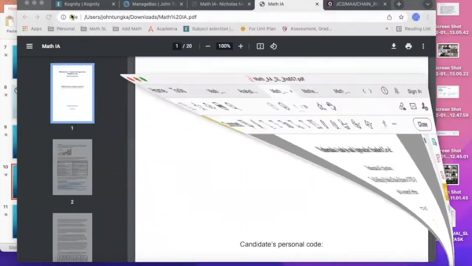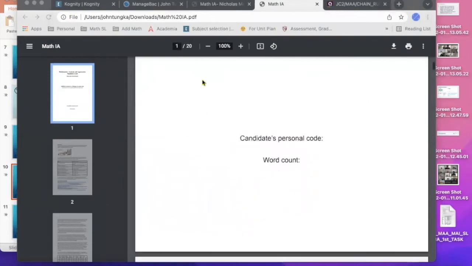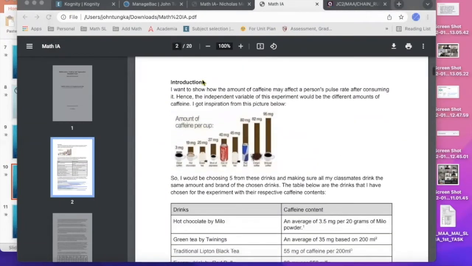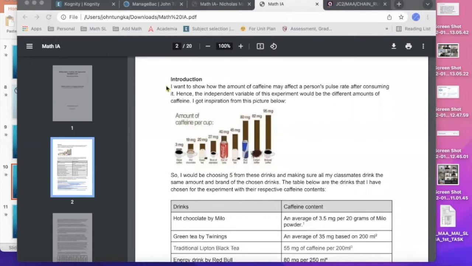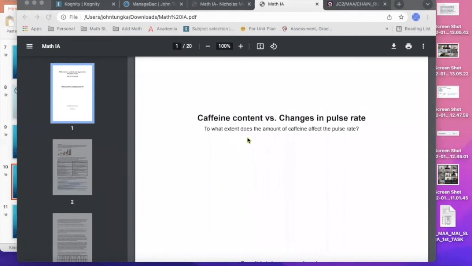Yes, sir. If you're unsure, just feel free to let me know. If we look at your IA, you go directly to, I want to show how the amount of caffeine may affect a person's pulse rate, and so on and so forth. So I would recommend, since this is exploration and the students take most of the decision making, it's up to you, but I would suggest that in the first paragraph, you give background about your IA, about the caffeine and also pulse rate.